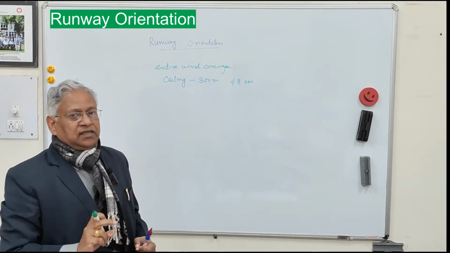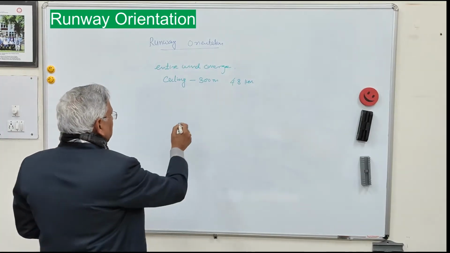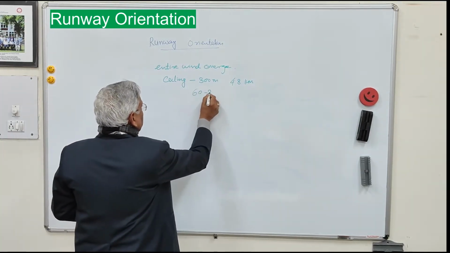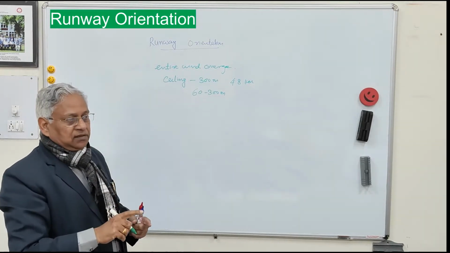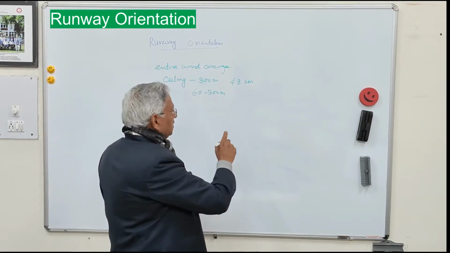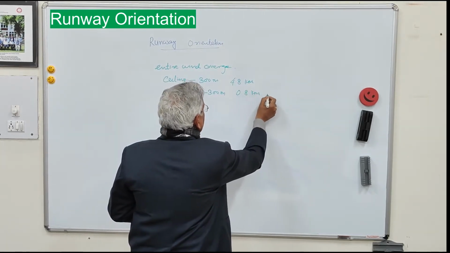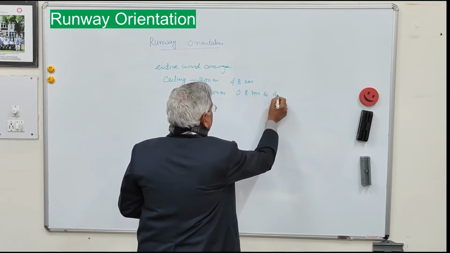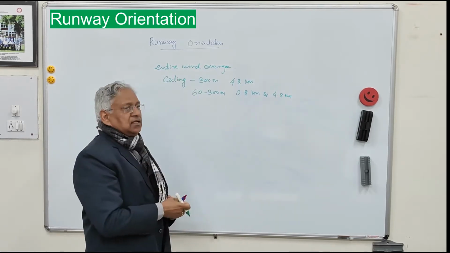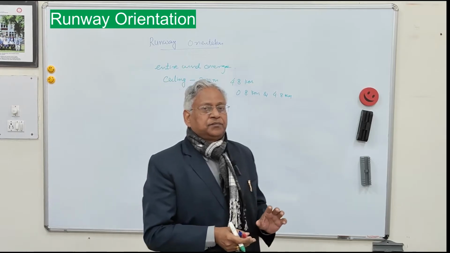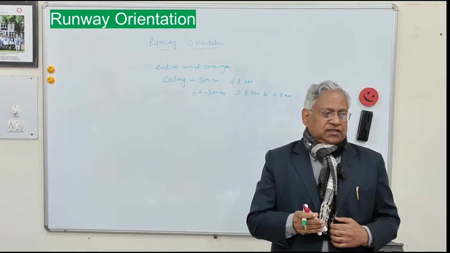And third condition is when the ceiling is between 60 meter and 300 meter, and the visibility is between 0.8 kilometer and 4.8 kilometer. These three conditions are generally considered when you study the wind characteristics.